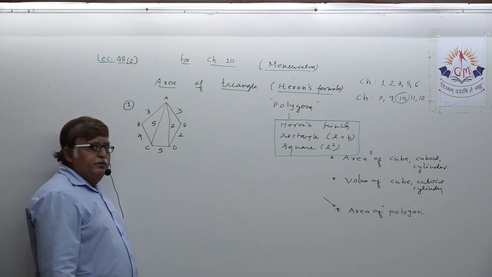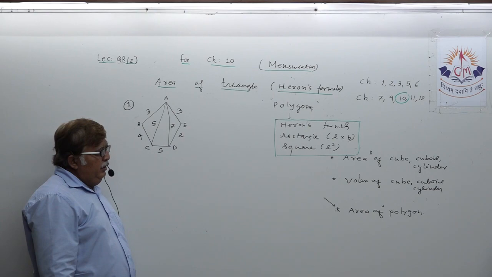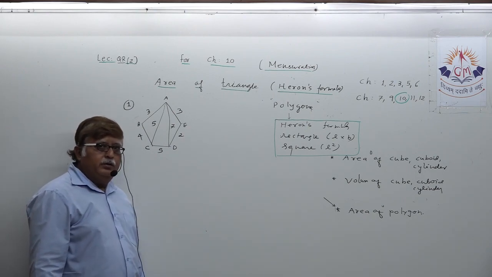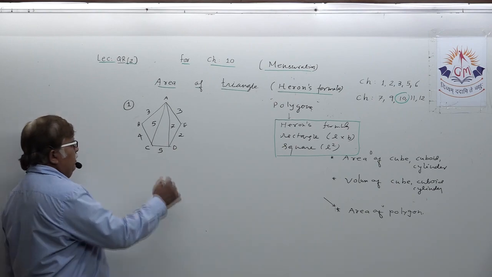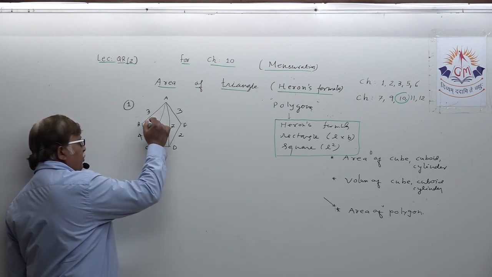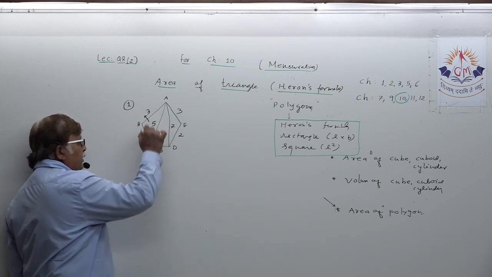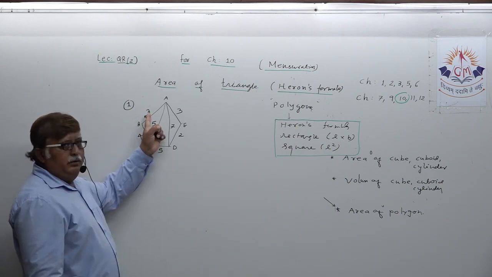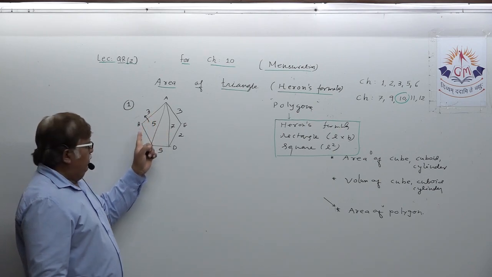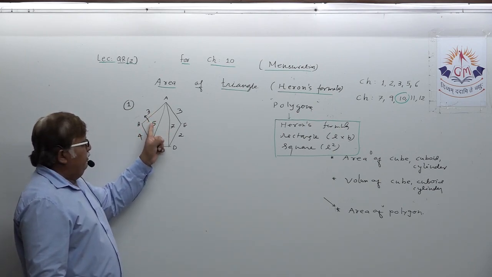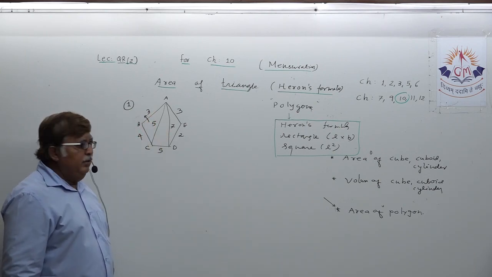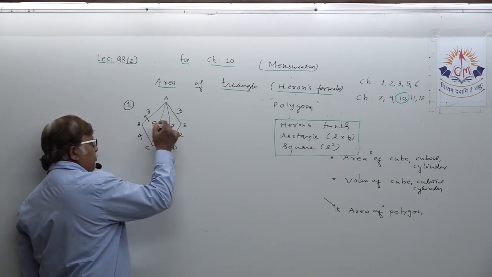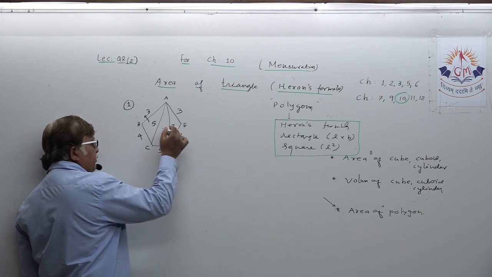If you are asked to find the area of this particular polygon, how will you target? See, dear student, keep your mind here. This is one triangle having sides 3, 4 and 5. Take this as A, this as B, this as C. Find the area of the first triangle by Heron's formula. Target the second triangle where you also know the three sides 5, 5 and 7.